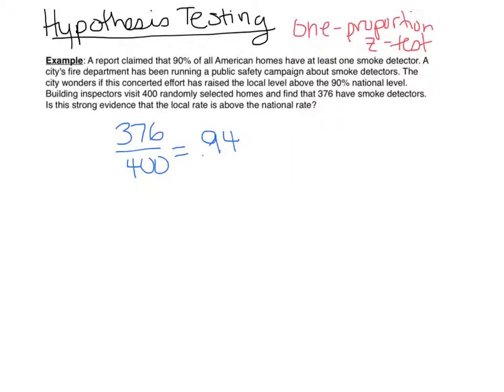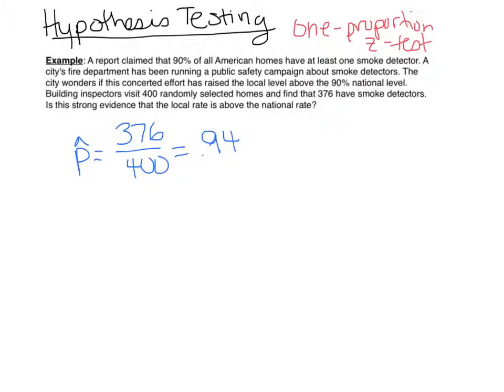Unfortunately, you do have to do more than that because it's completely possible that this 94% is just due to sampling error. It doesn't mean that the building inspectors made a mistake. It can be just random variability. It can happen. So this actually is our p-hat. We will need that value.